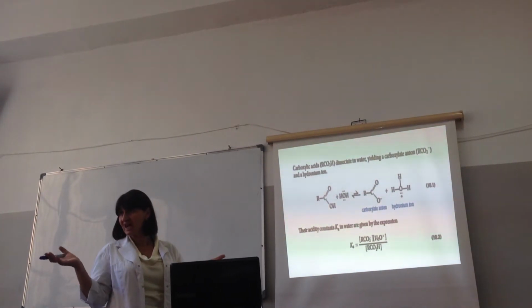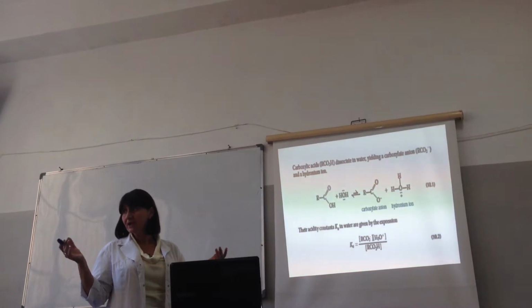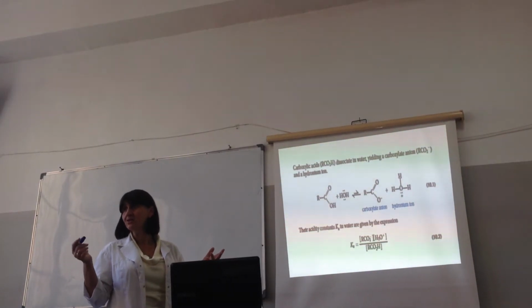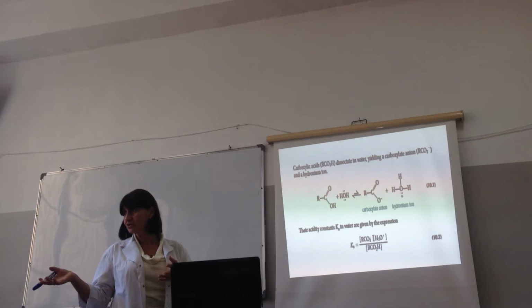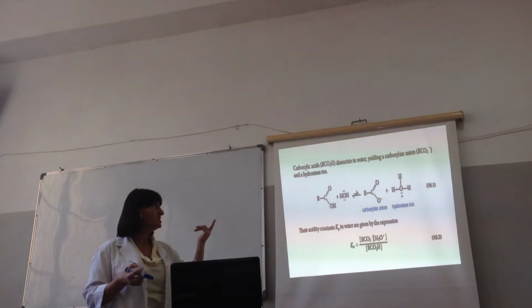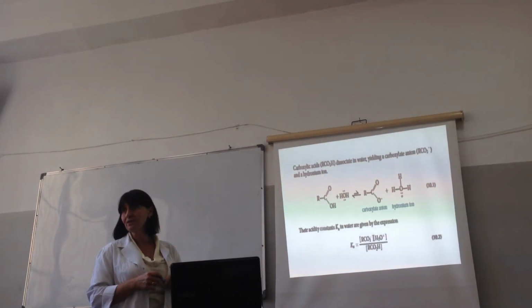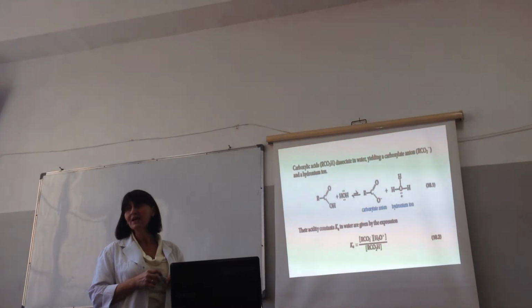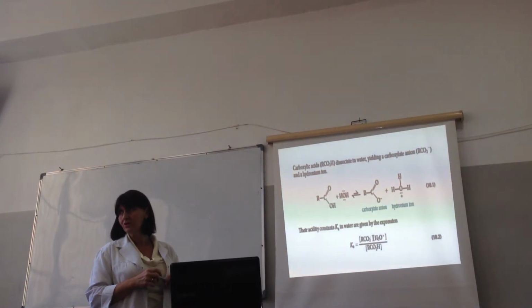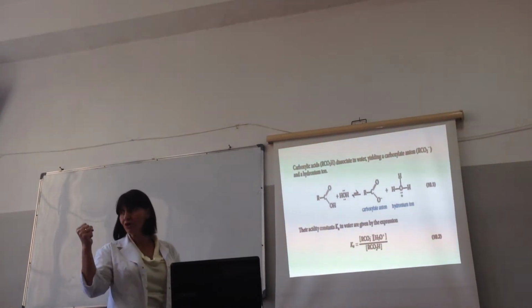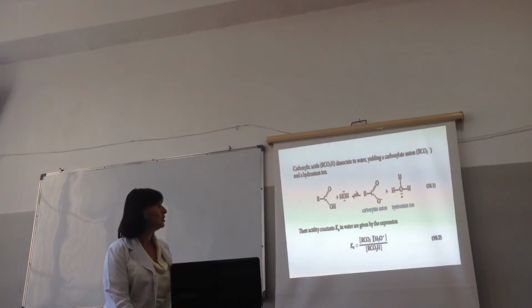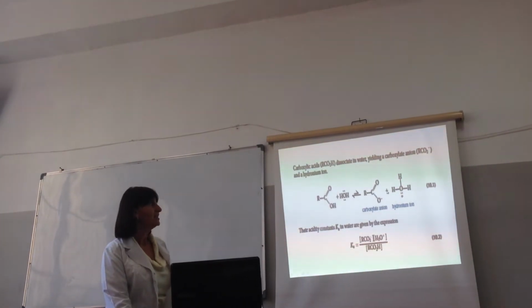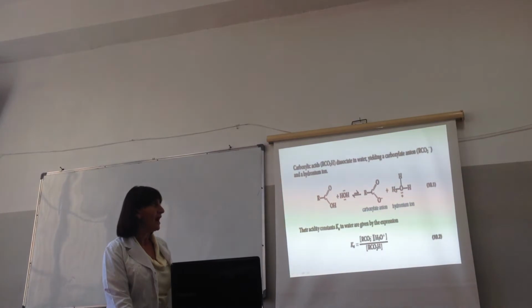Sodium hydroxide is an ionic compound, so it can conduct electricity in the molten state and in aqueous solution too. But when we discuss dissociation of acids, in any case you need a water molecule, which takes an H proton from your acid molecule, and finally you get an anion and a hydronium ion.